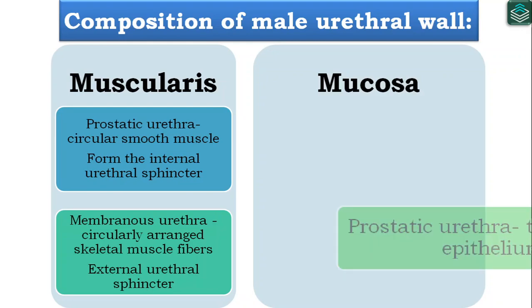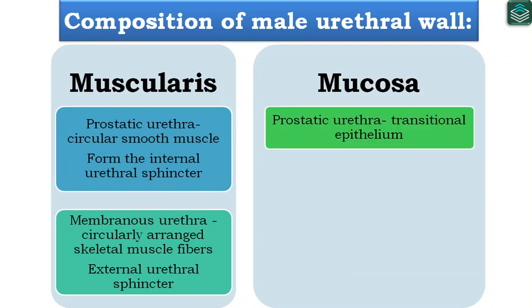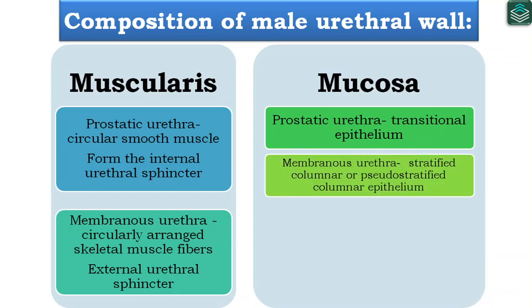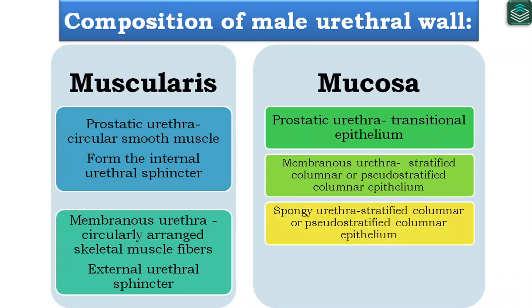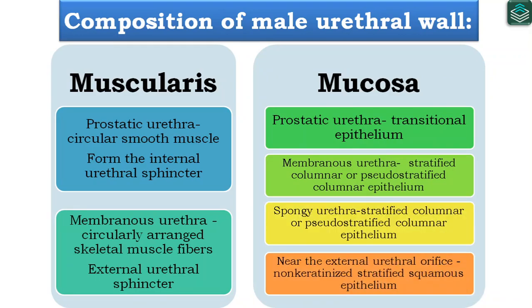Mucosa is also composed of different types of tissues in different parts of the urethra. In the prostatic urethra, it is made up of transitional epithelium. In membranous and spongy urethra, it is made up of stratified columnar or pseudostratified columnar epithelium. And near the external urethral orifice, it is made up of non-keratinized stratified squamous epithelium.